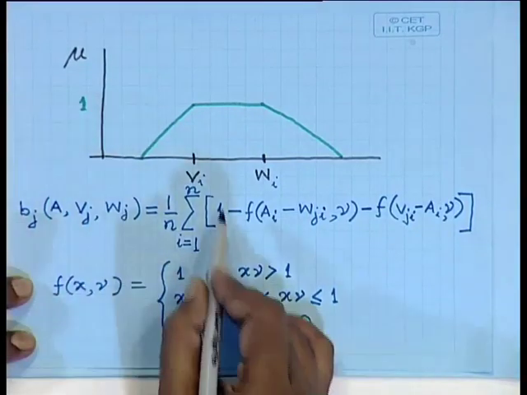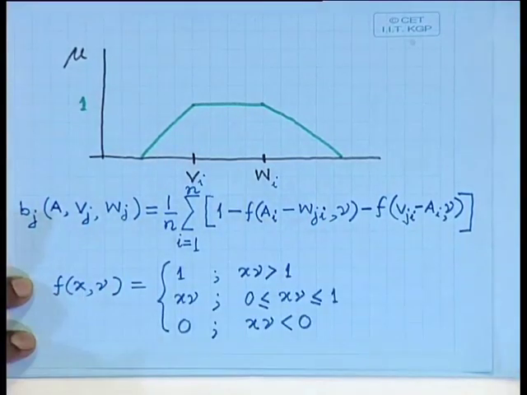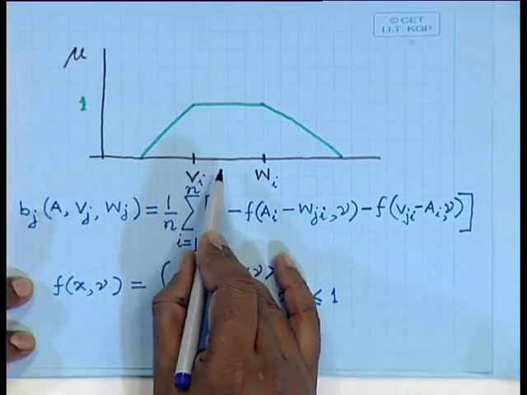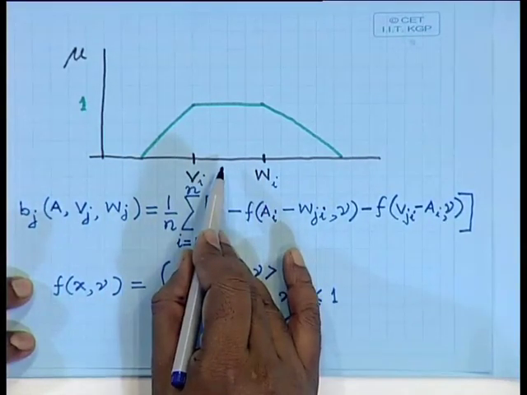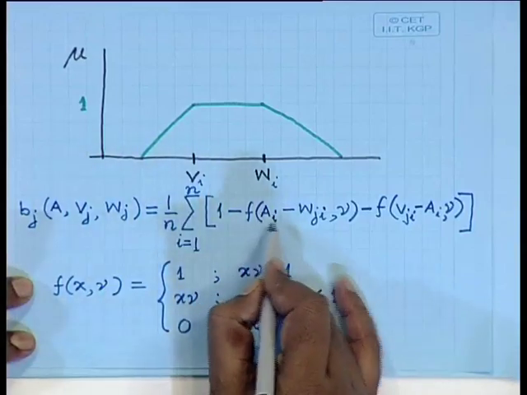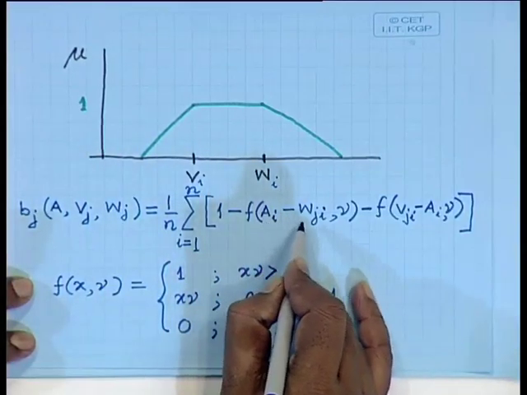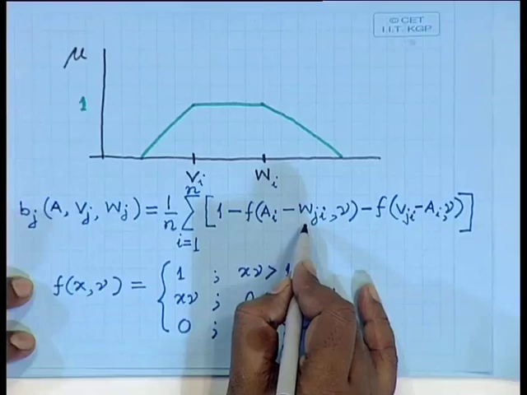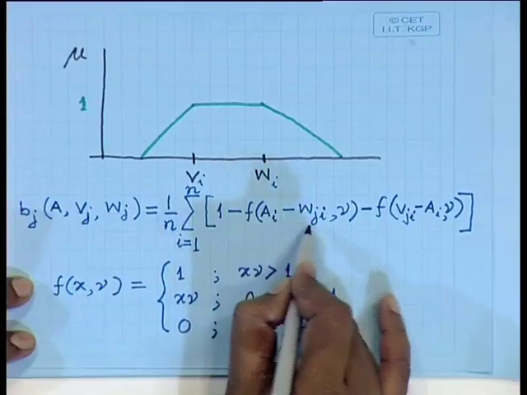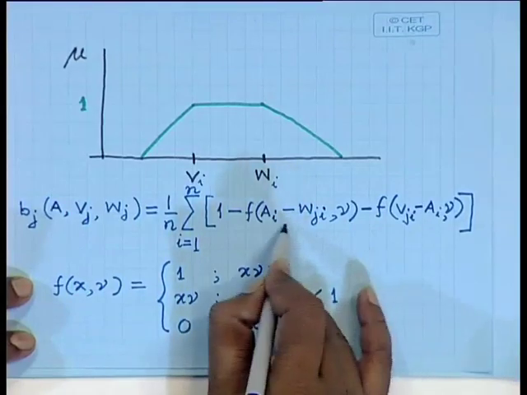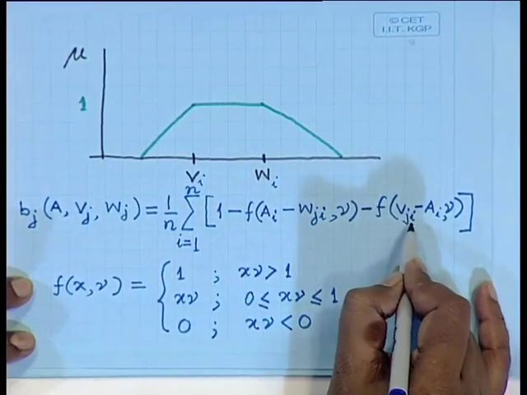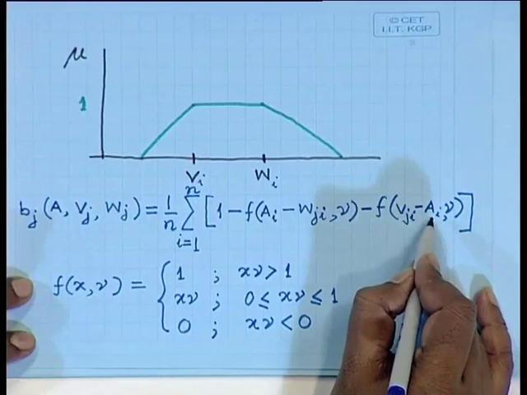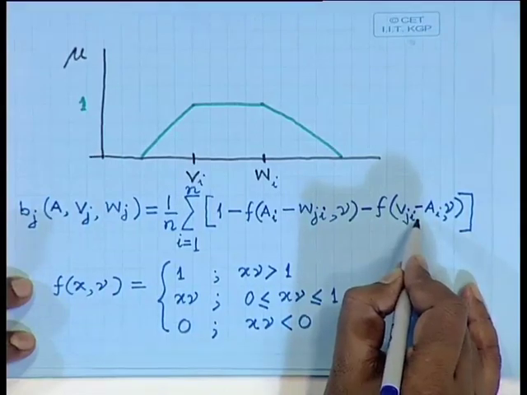So, A I will be greater than V I, but A I will be less than W I. Now, come to this term, A I is less than W I, so A I minus W j I will be less than 0. Similarly, A I is greater than V I, so V j I minus A I will also be less than 0.